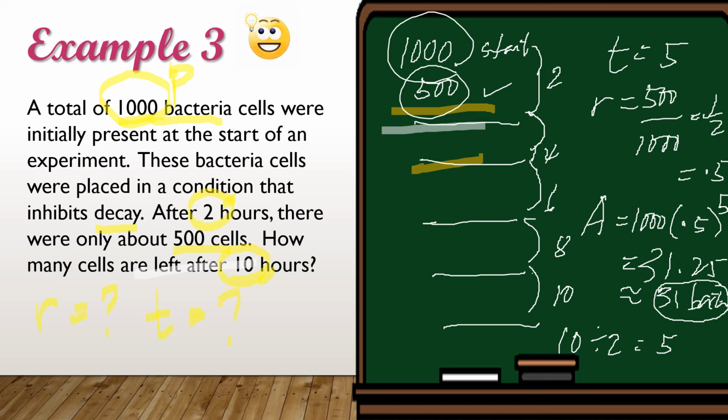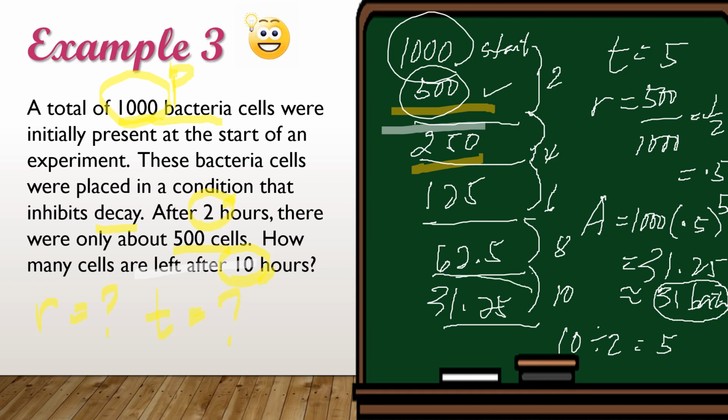Let's verify whether 31 is correct by doing it manually. If you notice, it's a matter of half. So half of 500 is 250, half of 250 is 125, half of 125 is 62.5, and half of 62.5 is 31.25.